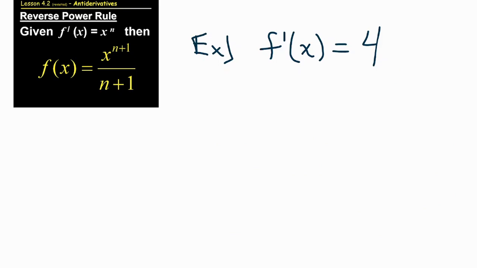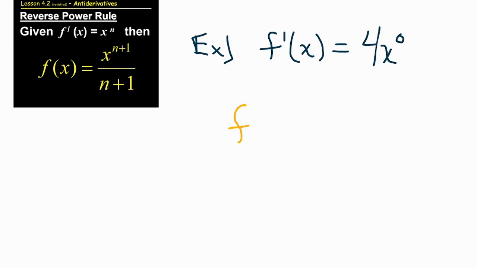So how would you apply the reverse power rule to this problem? Well, first we want to understand that if I'm giving you f prime equaling 4, that of course is the derivative. But if you'd like to think about x, we'd have to realize that it's actually x to the 0. So what are we getting at here?